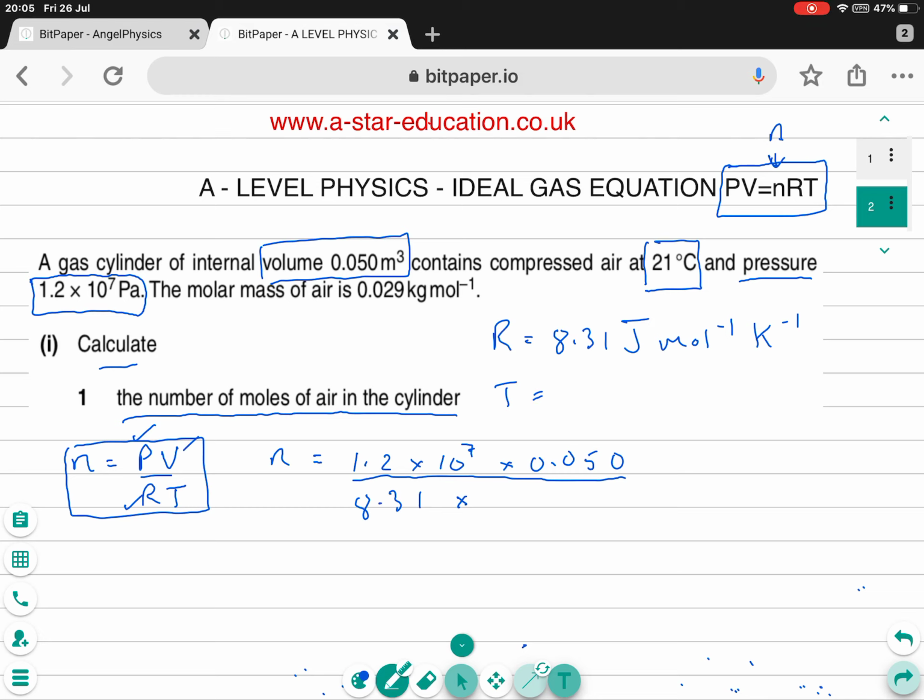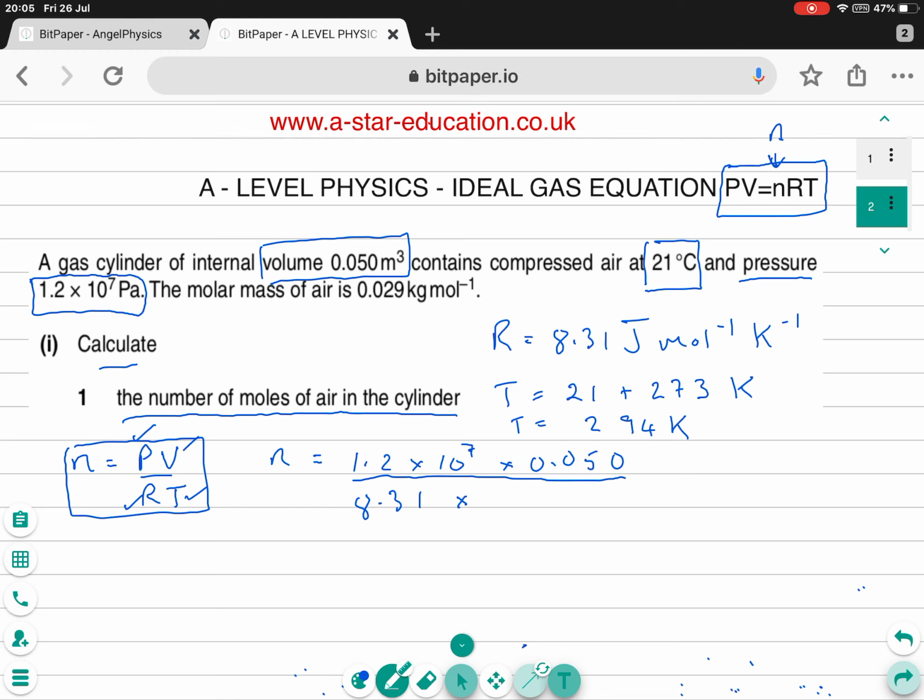So our temperature is not 21 degrees, it's 21 plus 273, and that gives us the temperature in Kelvin. When we work that out, the temperature is 294 Kelvin.